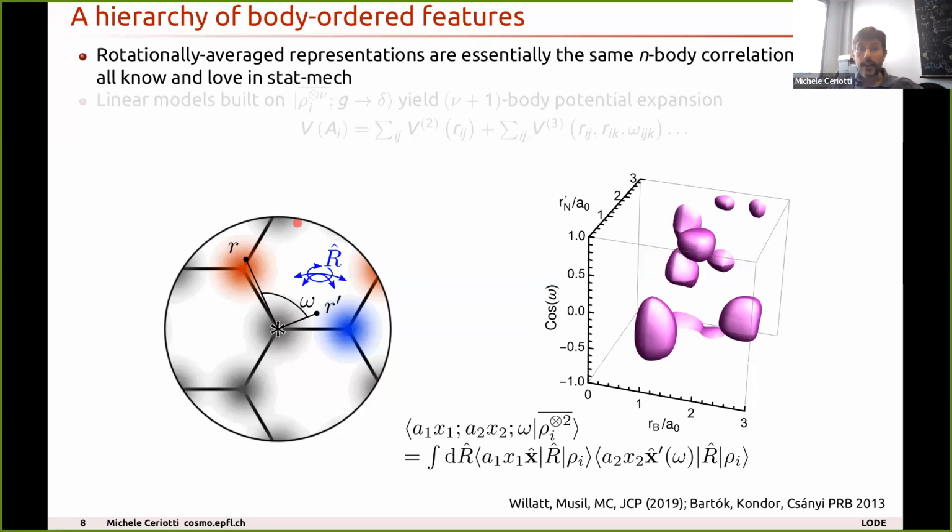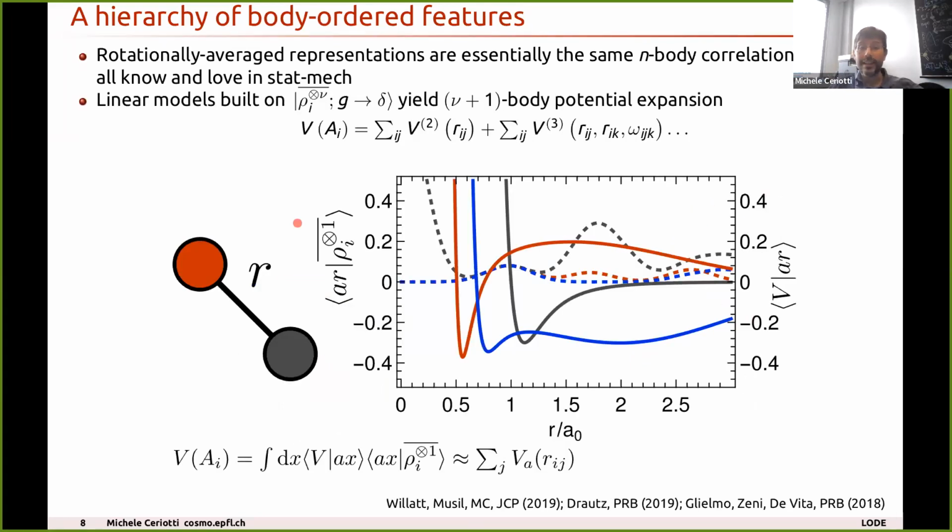And one important realization is that if you build linear models on top of these descriptors, no matter how you discretize them, what you're doing is basically expanding your property, for instance, the interatomic potential, as what is called, at least in our field, a body-ordered expansion.